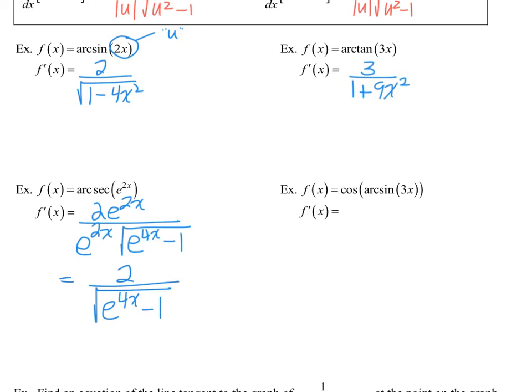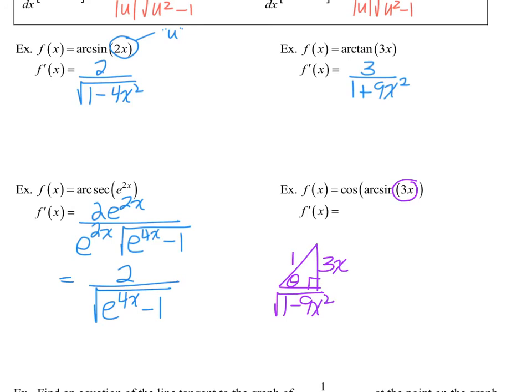All right, so we have a ratio. I'll draw the triangle associated with that ratio. Opposite over hypotenuse, missing side. All right, what would my missing side be? Radical 1 minus 9x squared.